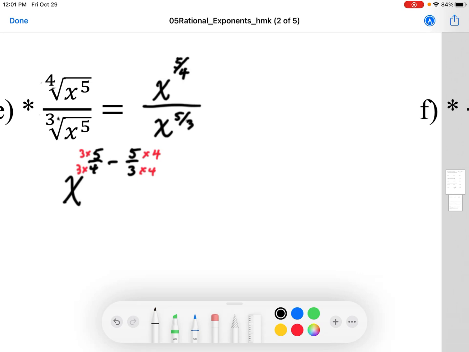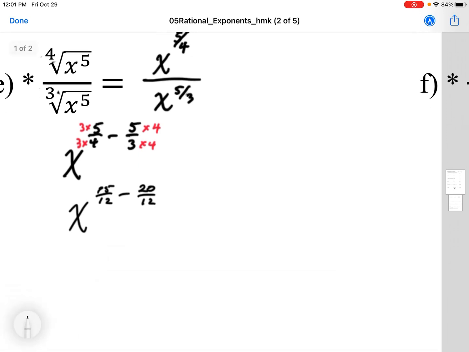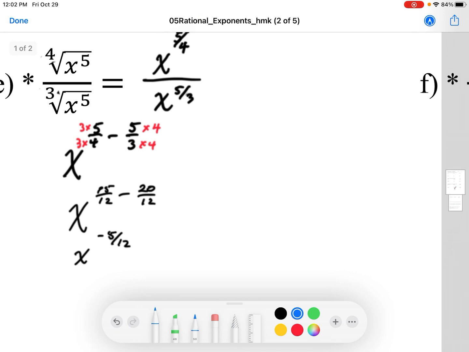So then what I end up with is x to the power 15 over 12 minus 20 over 12. And then that gives me my answer of x to the power of negative 5 over 12. So that would be one way to do it.